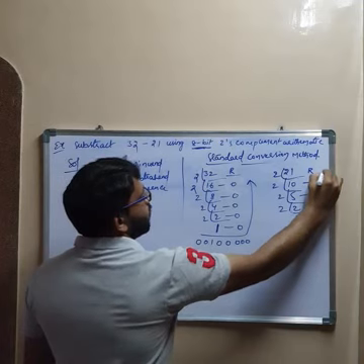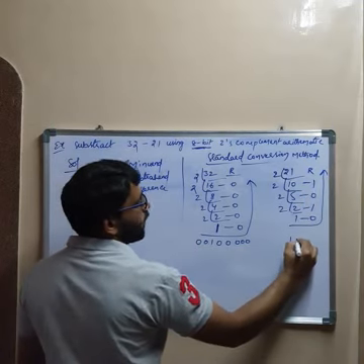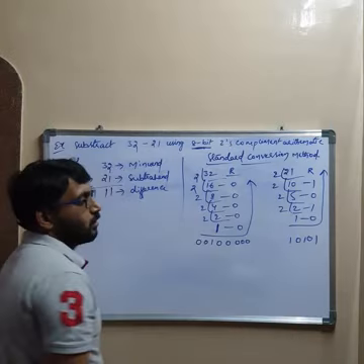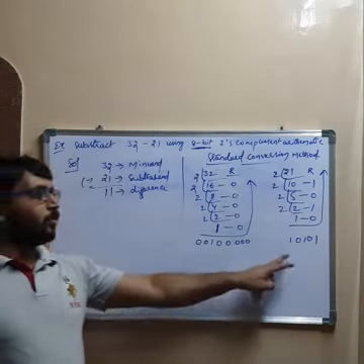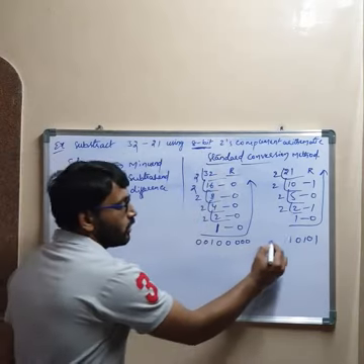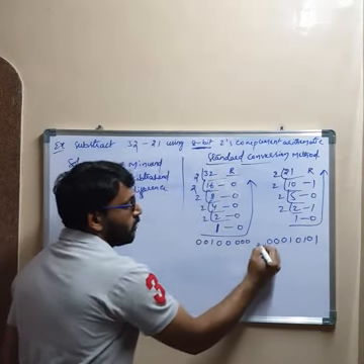So by copying the remainders from bottom to top, the number obtained is 10101. So there are 5 bits in the converted number. So in order to obtain an 8-bit number, I am adding 3 more zeros to the MSB position.